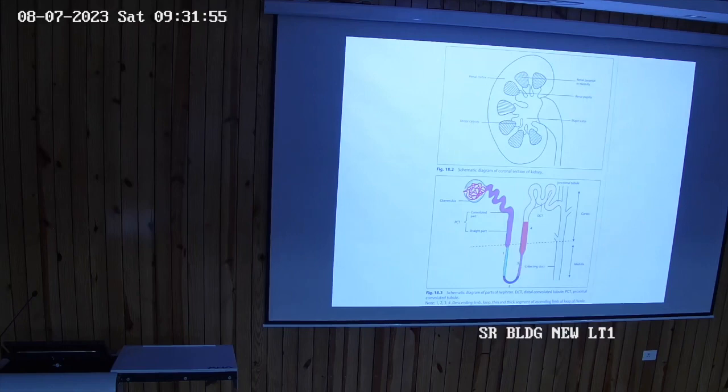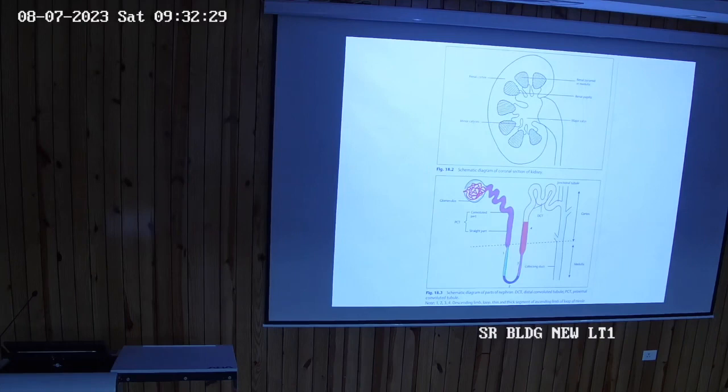The function of the loop of Henle is to increase the osmotic gradient of the renal tissue, and this increasing osmotic gradient helps in concentration of the urine. Very simple thing.